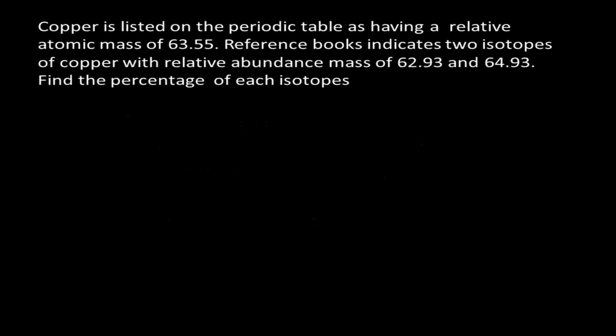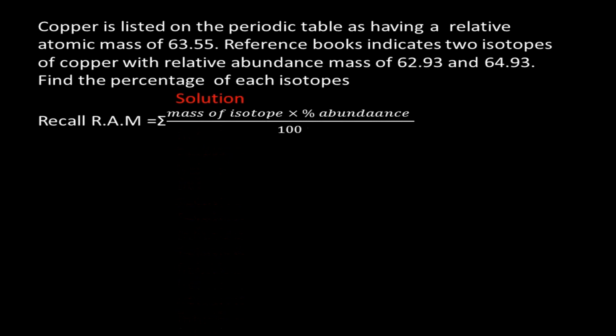Example 2. Copper is listed on the periodic table as having a relative atomic mass of 63.55. Reference books indicate two isotopes of copper with relative isotopic masses of 62.93 and 64.93. Find the percentage of each isotope. Solution. Recall our formula.